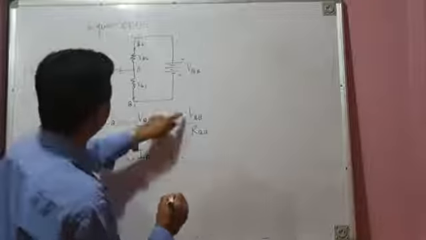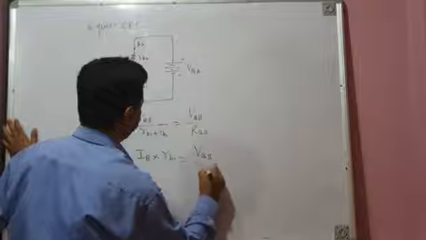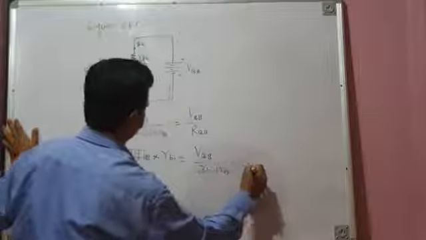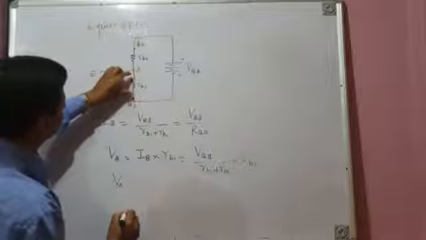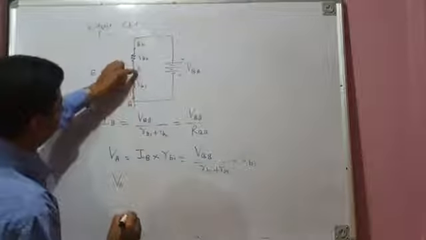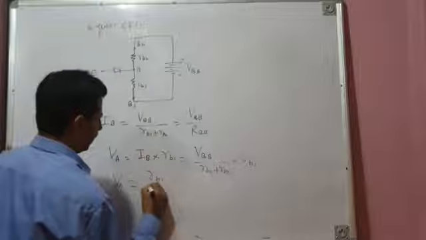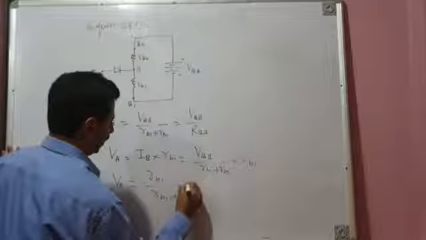Since IB is VBB by RB1 plus RB2, multiplied by RB1, the voltage drop across this resistance, VA, is equal to RB1 divided by RB1 plus RB2 into VBB.